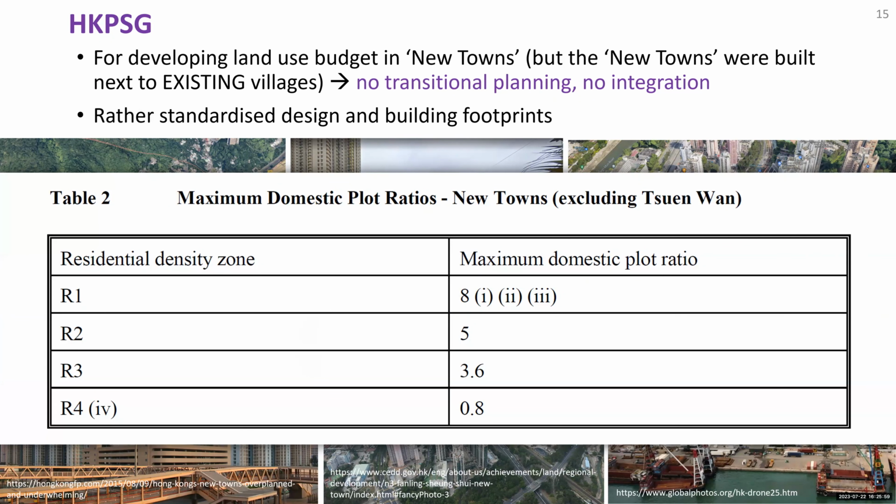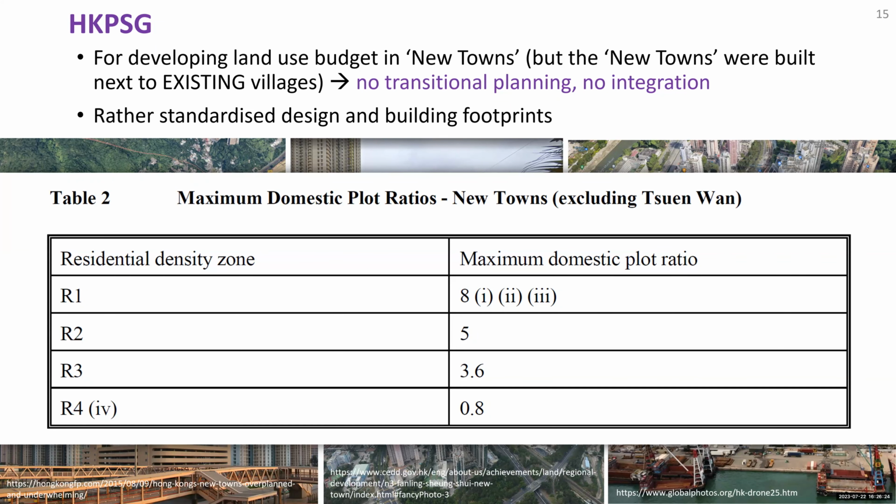If you don't know the meaning of plot ratio, basically, if it says R8, it means if you have a piece of land, in terms of residential land use, you can build 8 times that amount of land, which is quite huge. So if you cover half of the land, then you can build up to 16 stories, and so on.